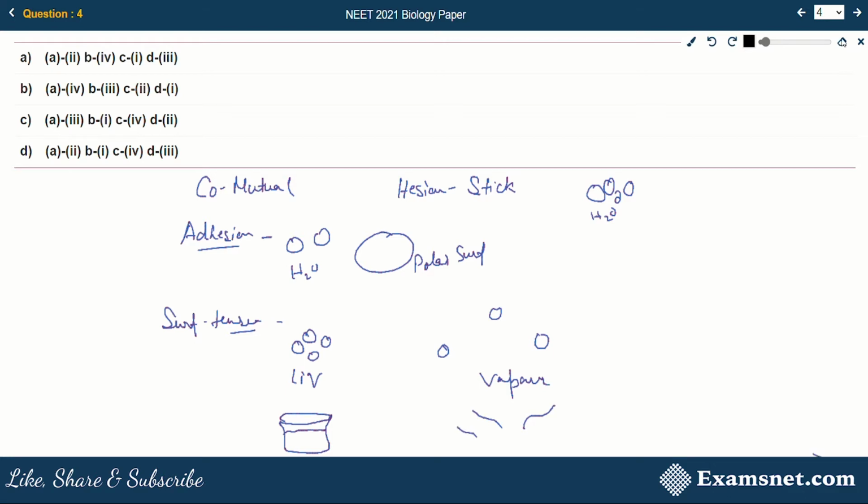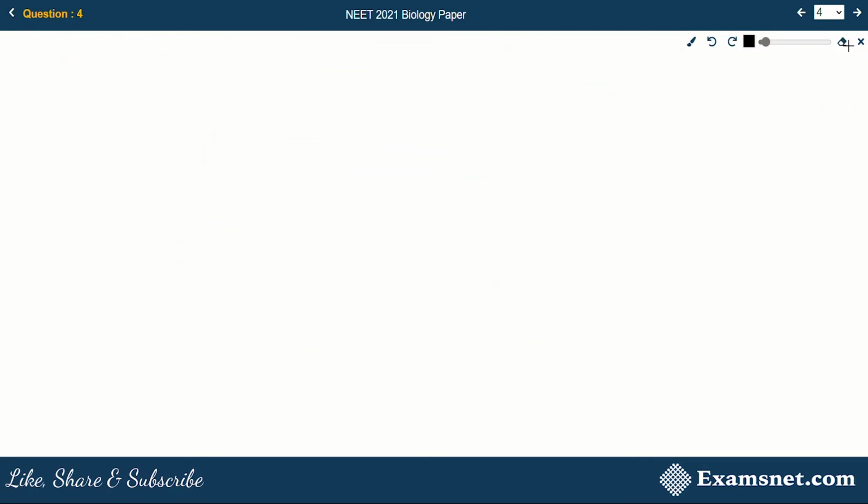Understood? Now, the last one is guttation. So, what is guttation? See, what happens in plants, the roots exert a positive pressure due to which water moves upward. Okay, and one of the effects of this positive root pressure is the loss of water from the margins of the leaves in the form of liquid droplets.